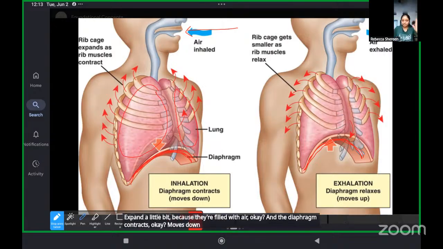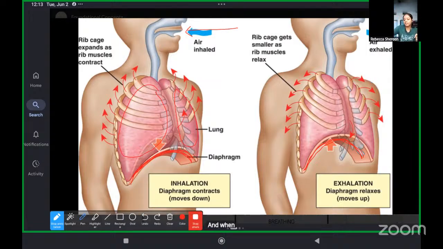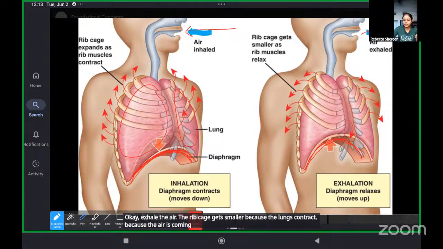When we exhale the air, the rib cage gets smaller because the lungs contract as the air comes out, but the diaphragm relaxes and moves upward.